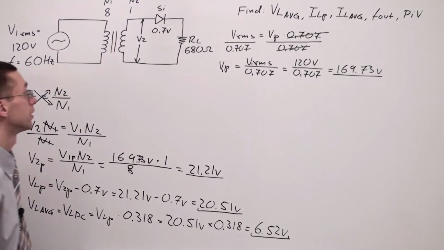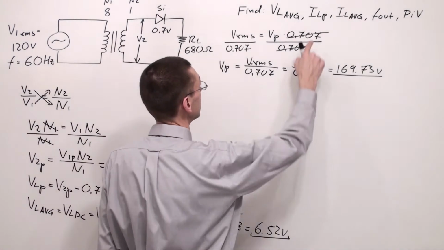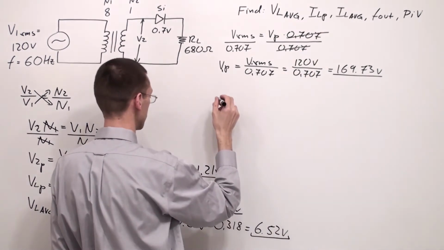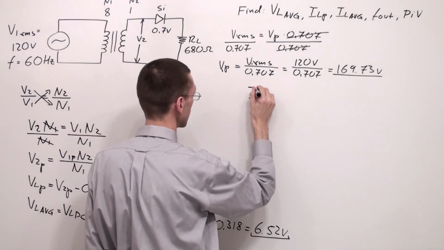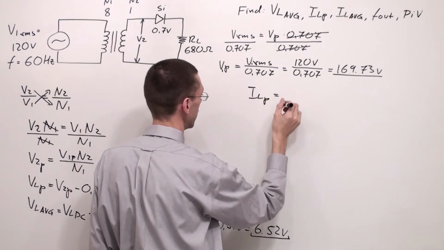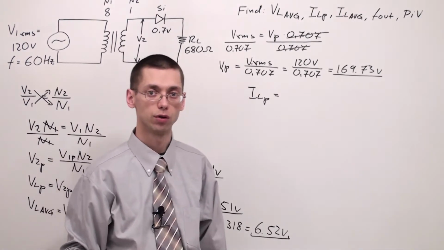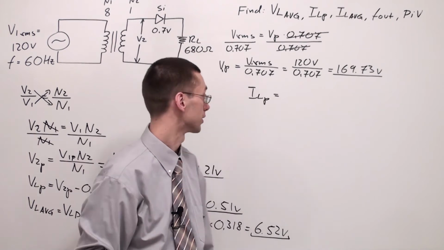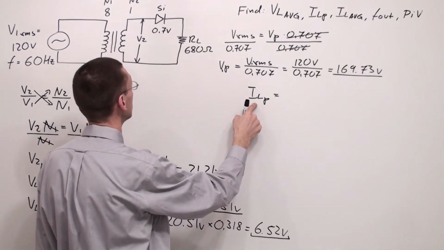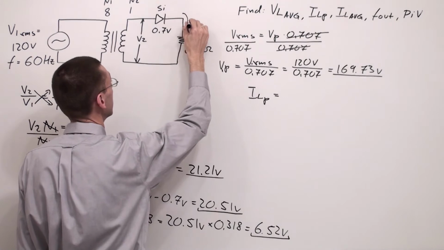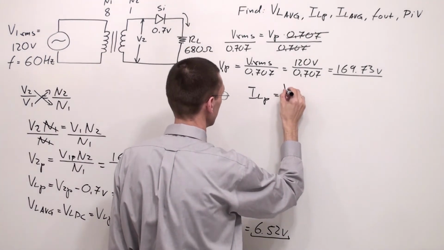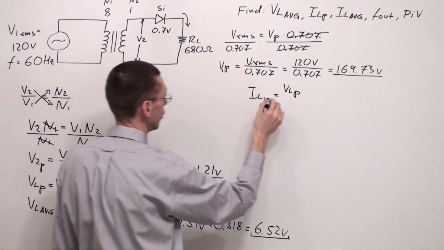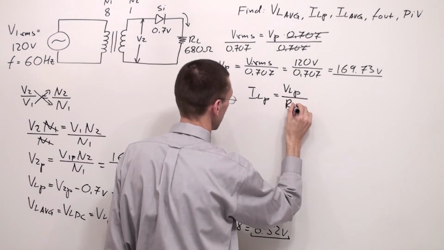Next, I'm supposed to find IL peak. I'm going to find it by using Ohm's law. Ohm's law says current is equal to voltage over resistance. So if I want to find the current which goes through RL, I simply divide VL peak, the voltage across the resistor RL, over RL.